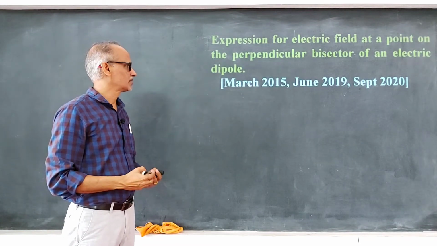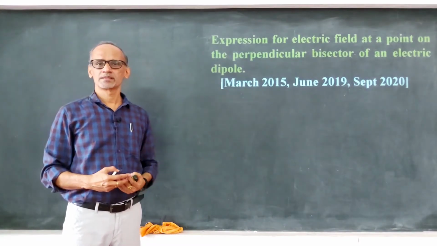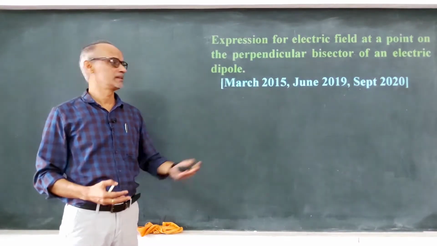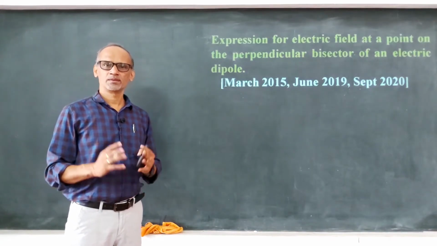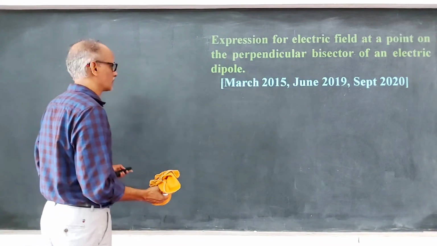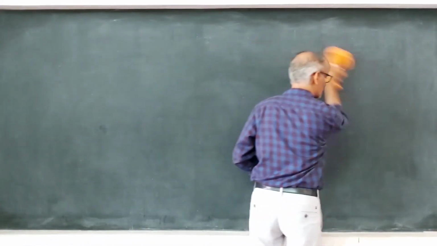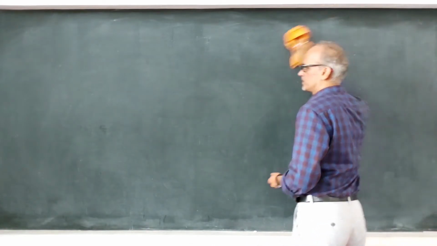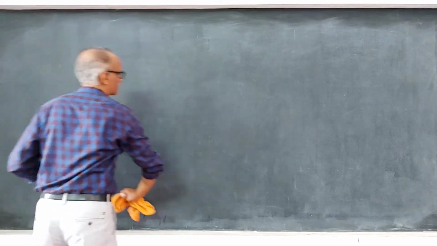This question has appeared 3 times, even in the supplementary examination held in September this year. So it is an important derivation, easy and simple, but you need to follow all the steps very clearly, okay?